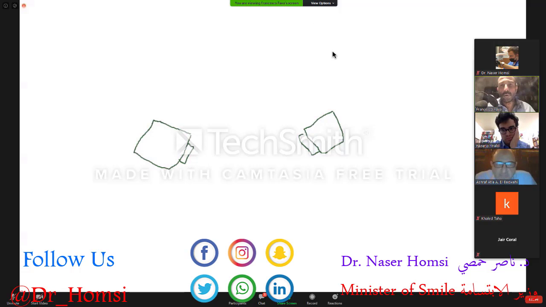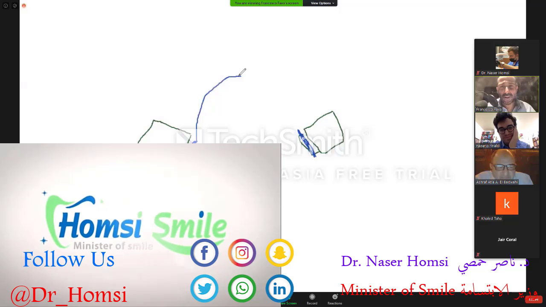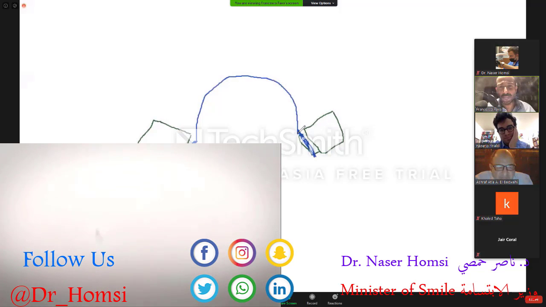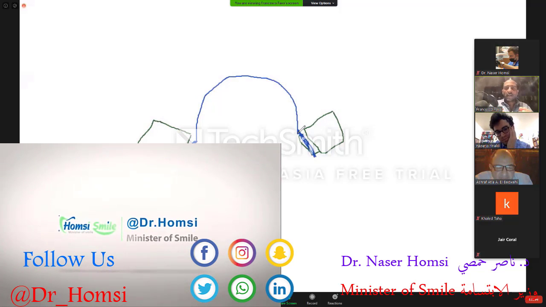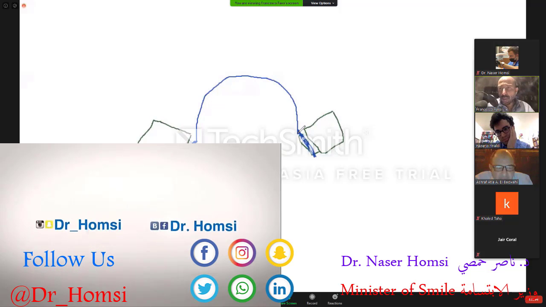I want to draw it in blue, this nice blue. So here we have our transpalatal bar, and we can adapt it perfectly passive.